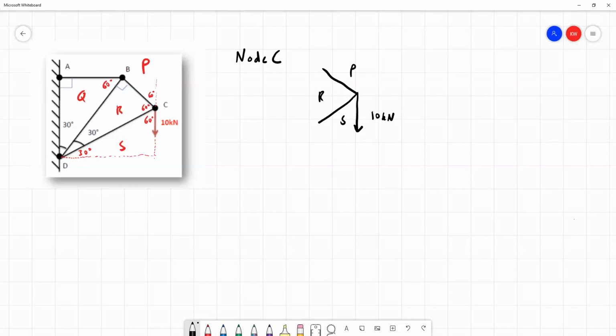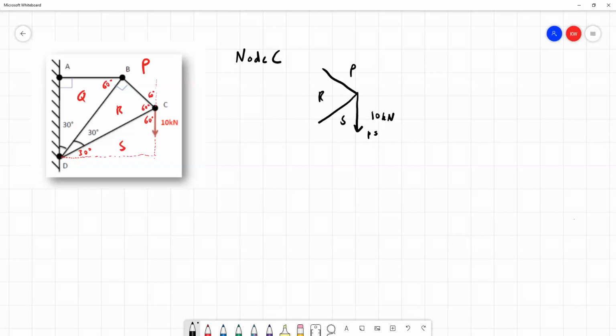This means that each of these vectors can be labelled in accordance to P, R, and S. So the 10 kilonewton force that we have already is the force vector PS.